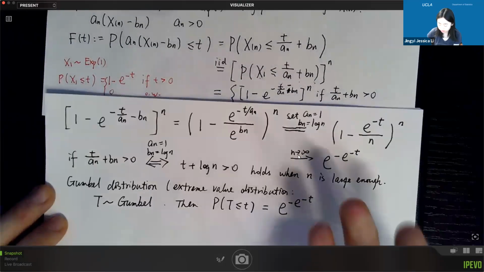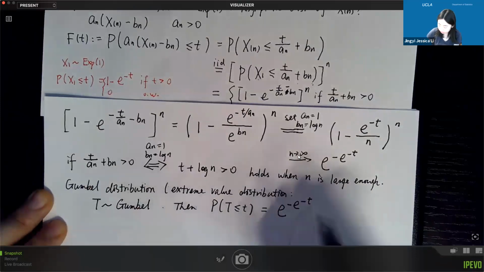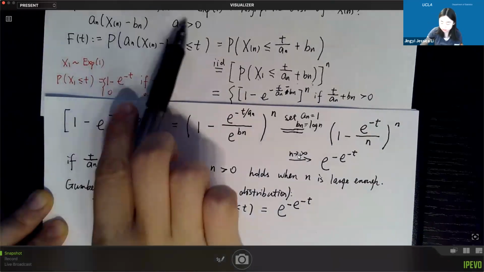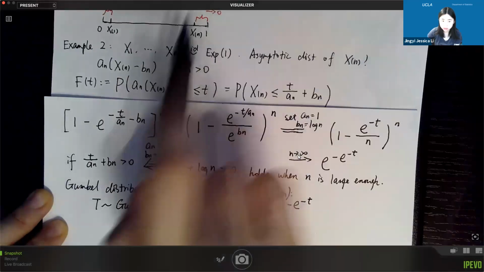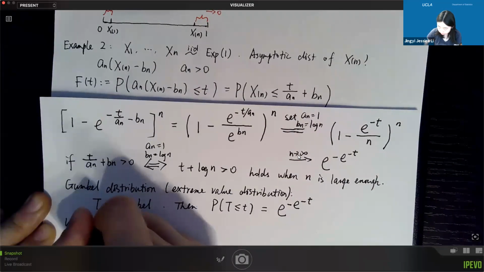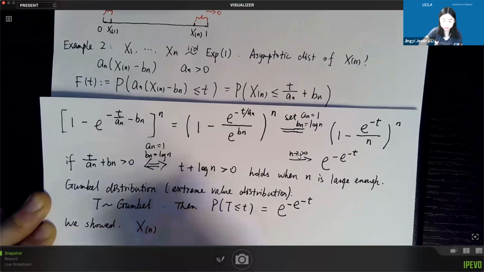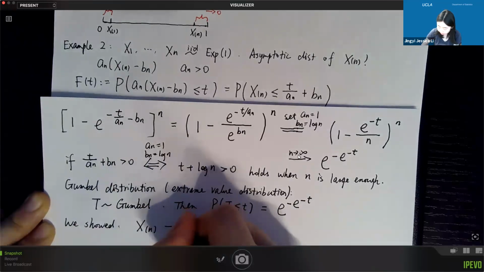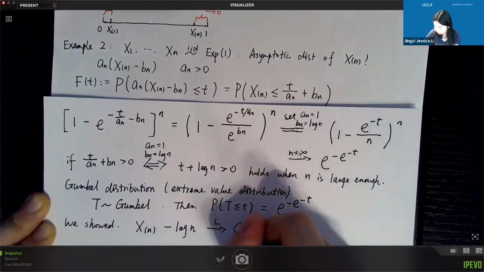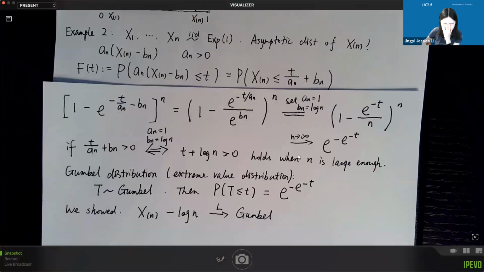That's how we define the Gumbel distribution. And here we have seen why it's called extreme value distribution, because the maximum of i.i.d exponential x1 to xn, we showed that the maximum of i.i.d exponential 1 minus log n is converging in law to this Gumbel distribution. And this is a very interesting conclusion as well.